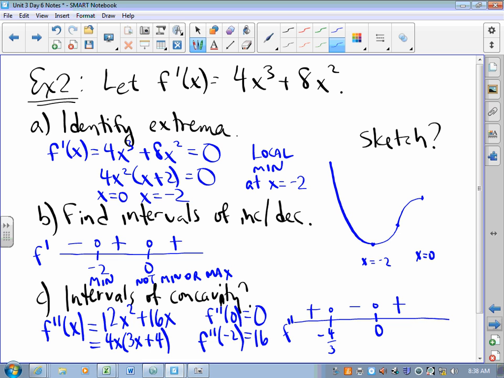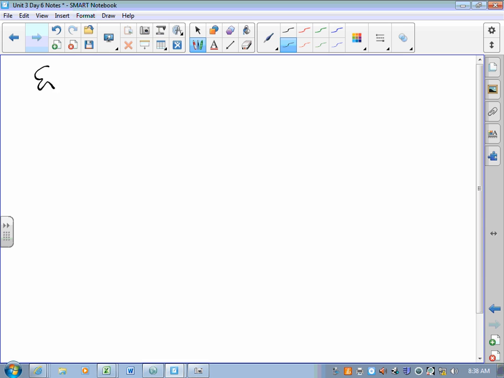Then f prime is positive and f double prime is positive, which means that we're increasing and we're concave up. So the graph is going to look something like that. We don't have f of x. We don't have what the y values are specifically, but we know that the graph is going to be some vertical shift of that thing right there. Excellent. One more thing to put it all together.